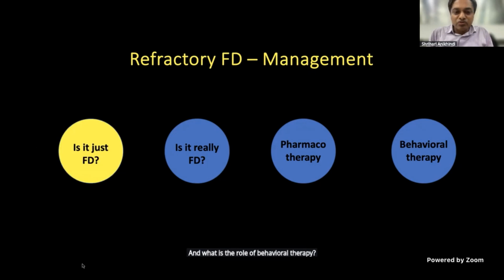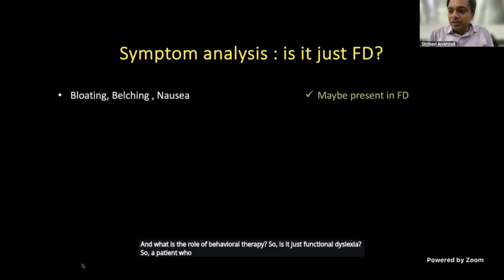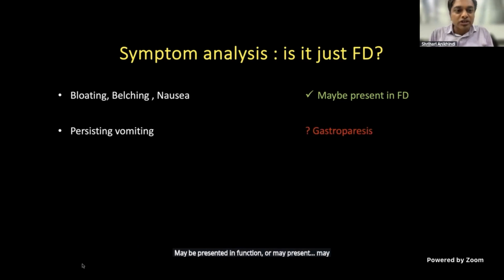So, is it just functional dyspepsia? A patient who presents with the typical symptoms that we know, epigastric pain, the postprandial distress syndrome. It is important to note that bloating, belching, nausea may be present in functional dyspepsia.